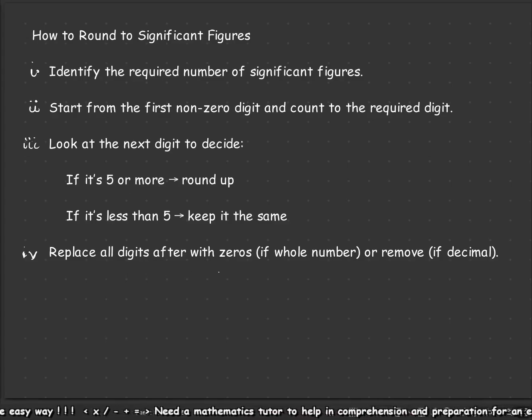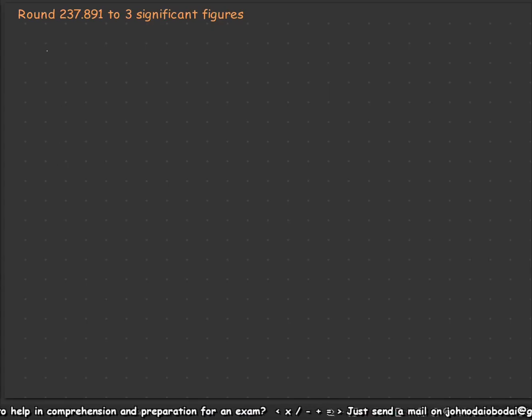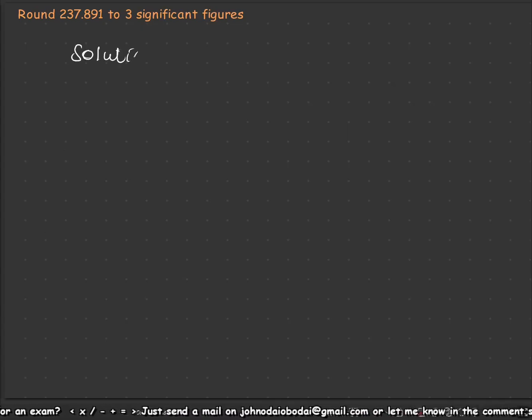After which, if the number is a whole number, we replace all the rest with zeros. But if it's a decimal, we just remove them. So let's look at what this means with some examples. Our first question here is we have to round this number into 3 significant figures. We are rounding it into what? 3 significant figures.